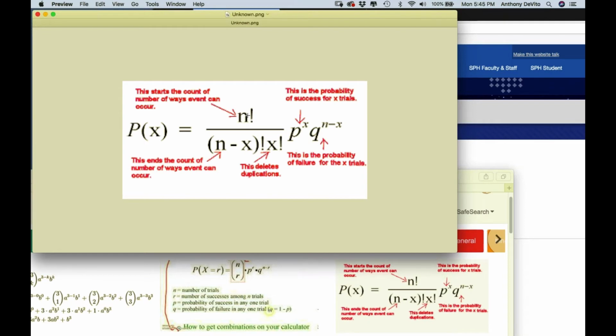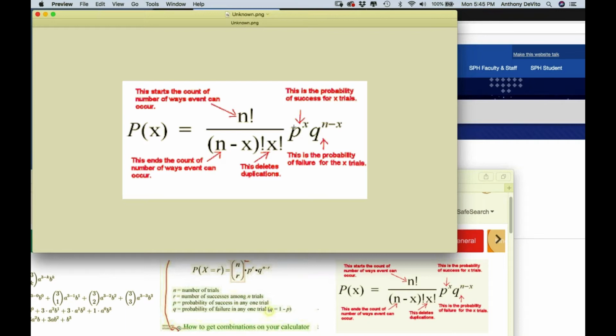We know 10 factorial would be 10 times 9 times 8 times 7 times 6 and so on and so forth, divided by N minus X factorial. Well, let's say I wanted to know the probability of 3 people out of 10, right? X would be our number of successes, and N would be the number of trials, 10. So 10 minus 3 would be 7. That's 7 factorial, 7 times 6 times 5 times 4 times 3, and this would be 3 times 2 times 1.